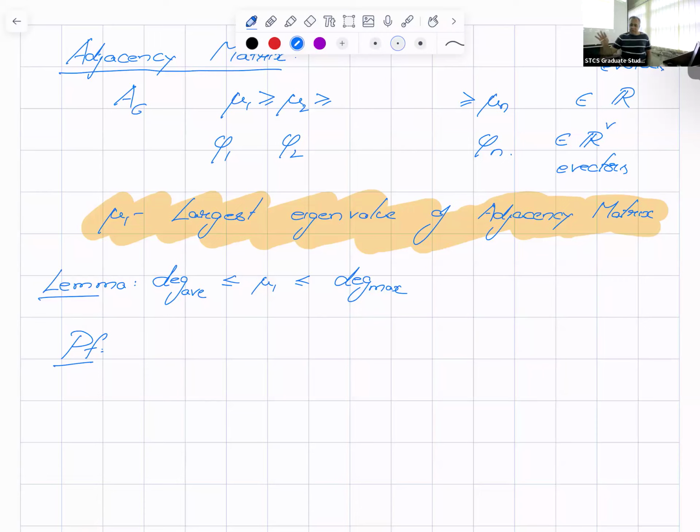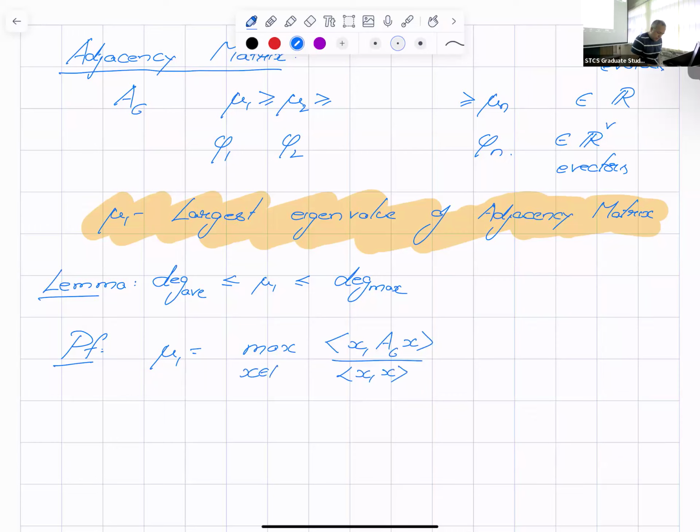But for now, let's just do this. Recall once again, mu_1 is the max over x in R^n of x^T A_G x over x^T x. That's the definition of mu_1, the Courant-Fisher characterization.